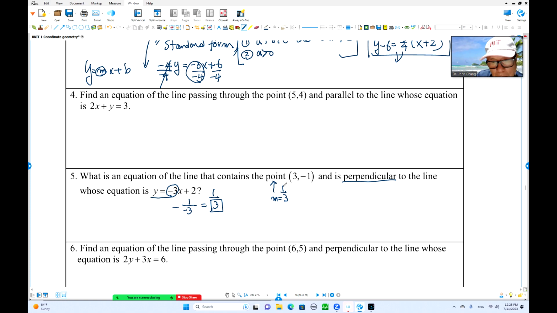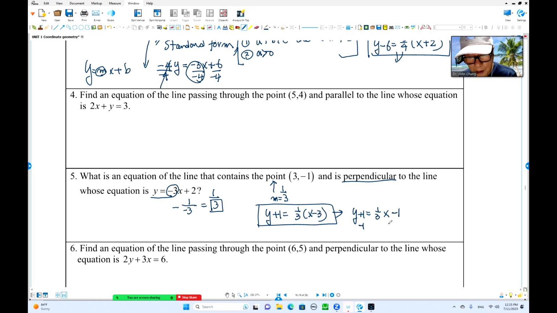So y plus 1 equals 1/3 times x minus 3. That's the answer. Or if you want to change into slope and intercept form, you can. Y plus 1 equals 1/3 of x. 1/3 times negative 3 is negative 1.